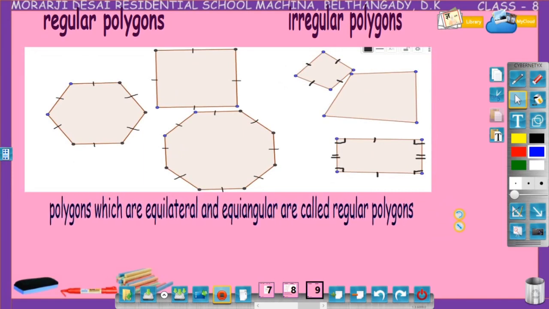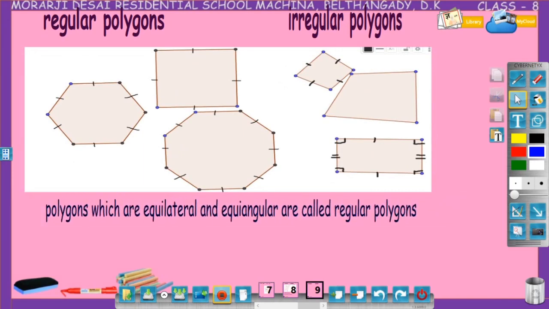Polygons which are equilateral and equiangular are called regular polygons.